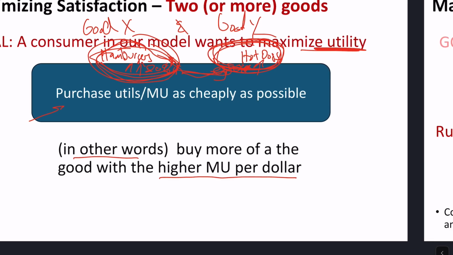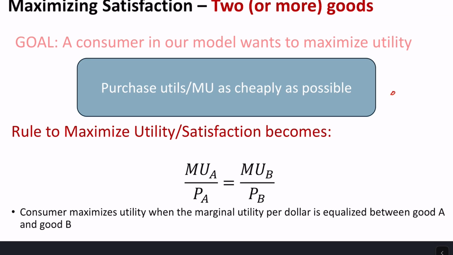Okay. So if we start purchasing utility, or marginal utility, as cheaply as possible, that's going to lead us to a rule. If you follow the rule to maximize utility, we want to equalize the marginal utility per dollar across all goods.